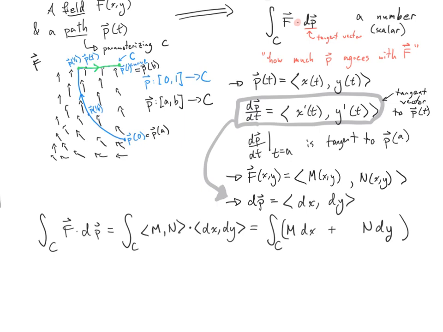Now the thing is, this integral is happening over c, and so we only actually care about using, we have a way to parameterize C. So we're going to parameterize C using P of T. And so what I want to do is plug in P of T into this expression.